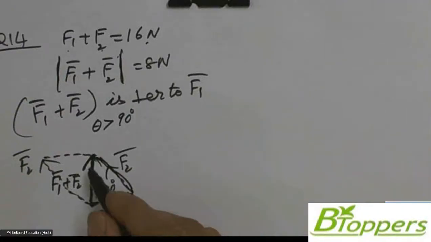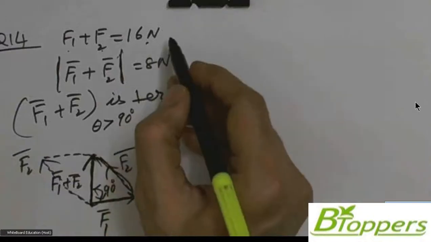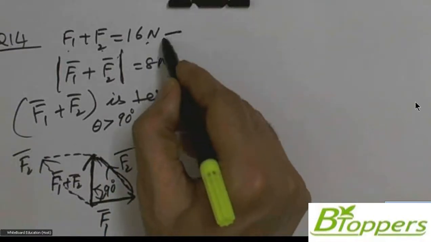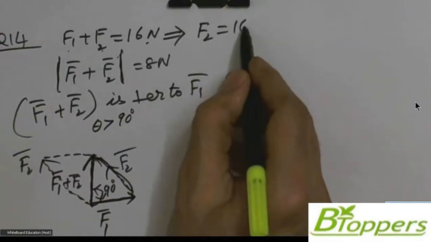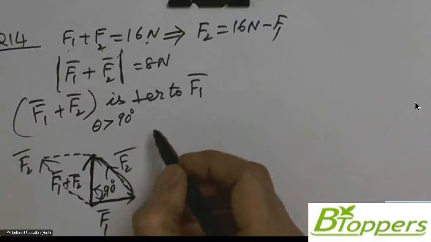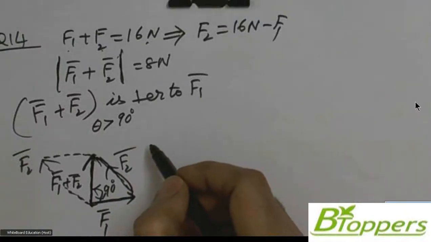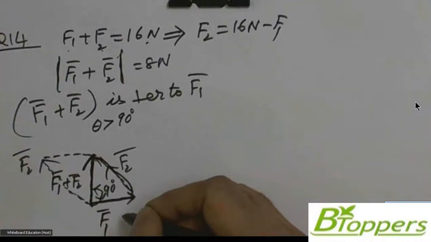You can apply Pythagoras theorem for this right angle triangle. You are given that F1 plus F2 is 16 newtons. So you can write F2 in terms of F1: 16 newtons minus F1. Then apply Pythagoras theorem for this right angle triangle.